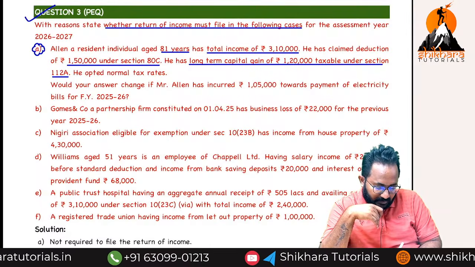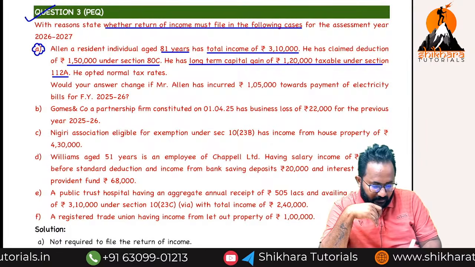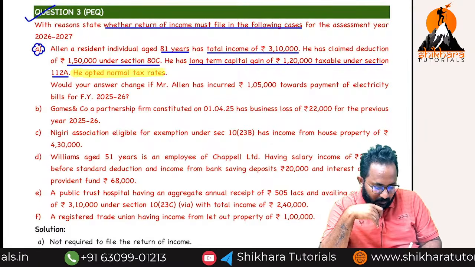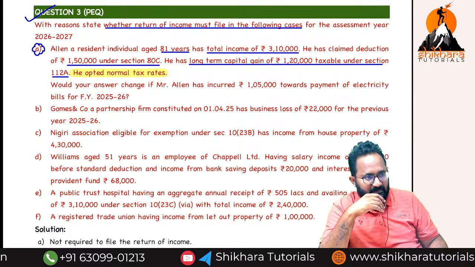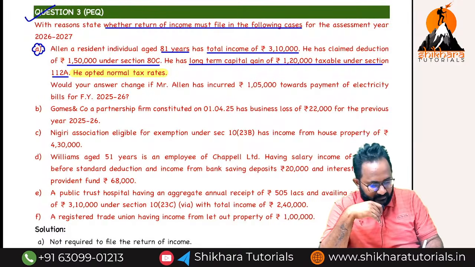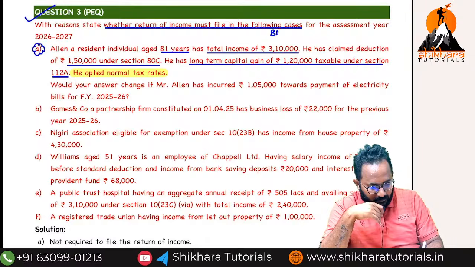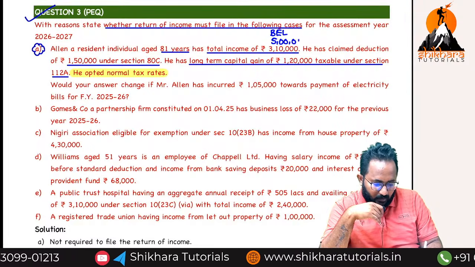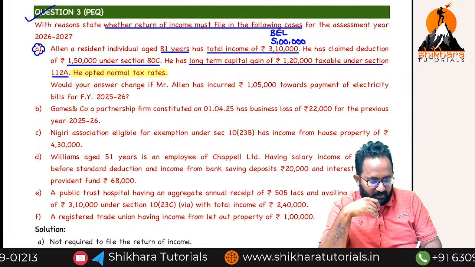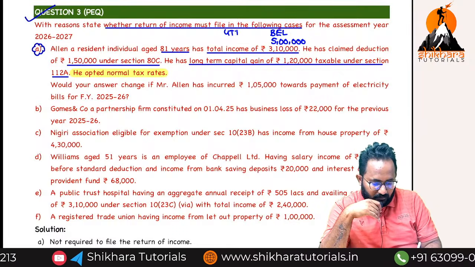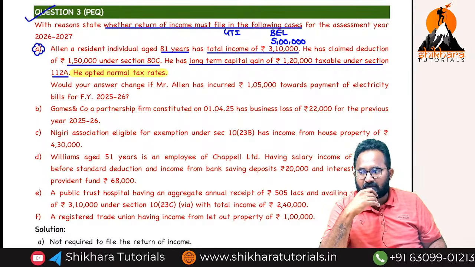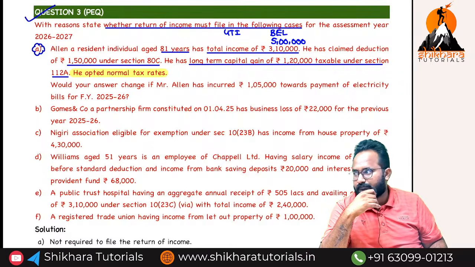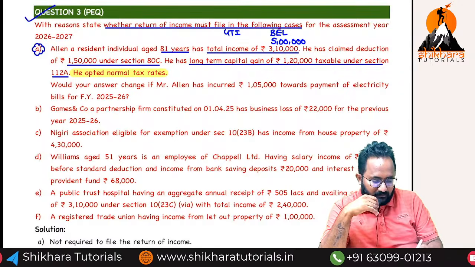But clearly they have given that he opted for which tax rate? Normal. So if normal tax rates he opted, what is the basic exemption limit? 5 lakh. So we have to compare the basic exemption limit and what? Gross total income. Please tell me what is the gross total income?